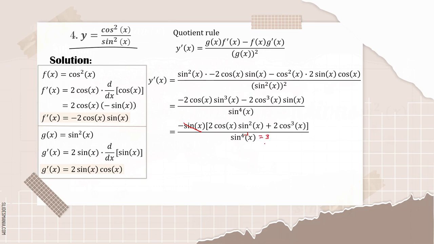That's why for our final answer, our denominator would be sine cube of x. Therefore, our final answer is negative 2 cosine of x times sine squared of x plus 2 cosine cube of x all over sine cube of x.